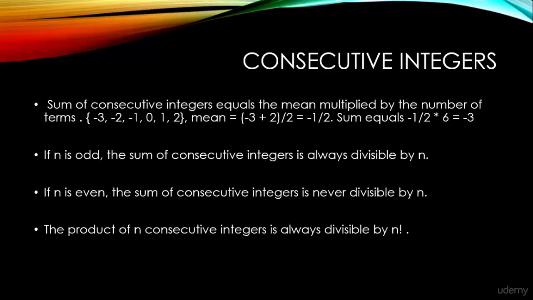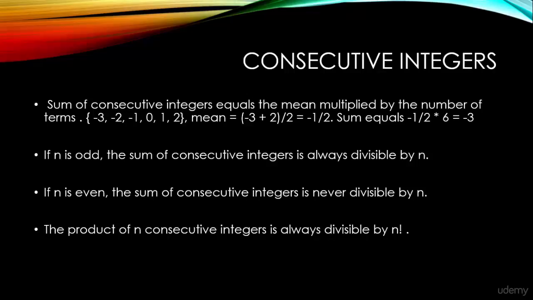Let's look at consecutive integers. Consecutive integers are integers that follow one another without skipping any integers, like 7, 8, 9, or -2, -1, 0, 1. Sum of n consecutive integers equals the mean multiplied by the number of terms n.